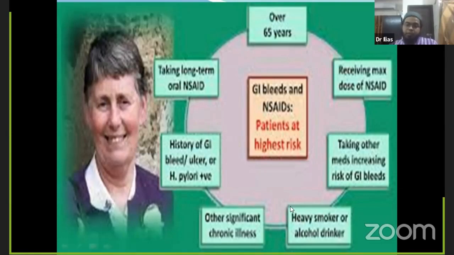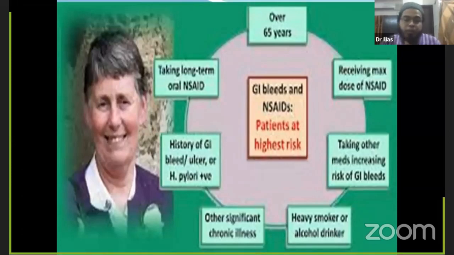And if the patient has a history of heavy smoking, or a previous history of alcohol drinking, in these cases also the patient will have some chance of GI bleeding with the concomitant intake of NSAIDs.